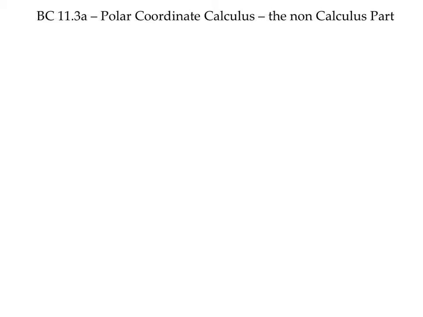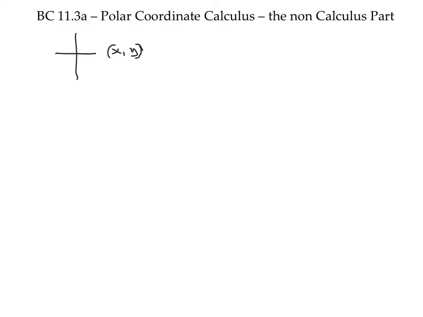So in rectangular coordinates or Cartesian coordinates, we use a reference frame, x and y axes, and we describe a point with two coordinates, x and y. And as you know, x describes how far you go left or right of the origin, and y is how far you go up and down.